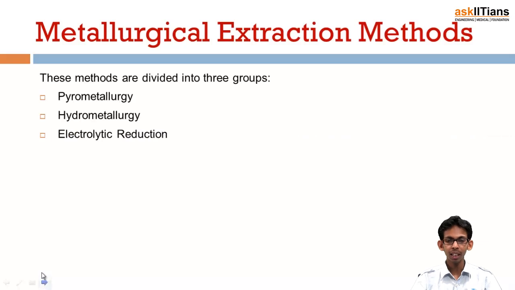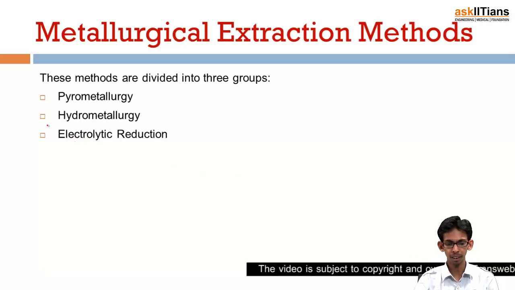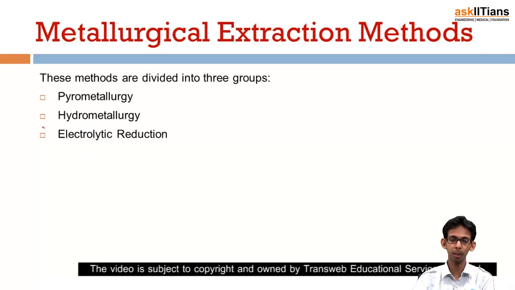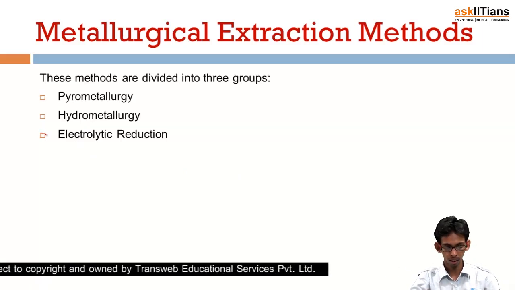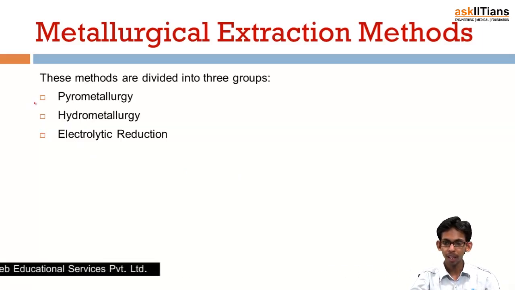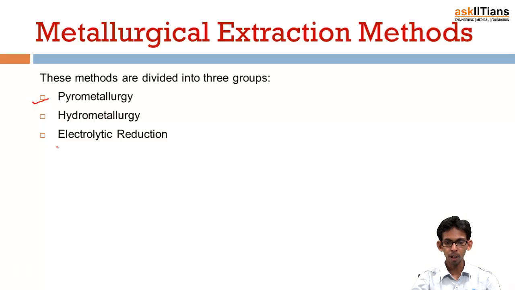And next is electrolytic reduction, that means application of electricity for extraction of metal. We have just an idea about hydrometallurgy as we studied leaching. Now we are going to focus on pyrometallurgy and electrolytic refining.